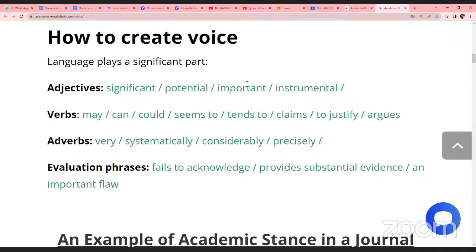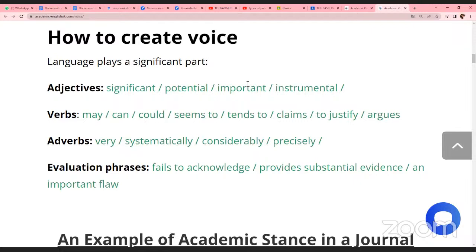So, language, how to create voice. Language, and this is very important, plays a significant part. So, we have adjectives, right? Significant, potential, important, instrumental. Maybe you're gonna need one of them. Then we have verbs, right?